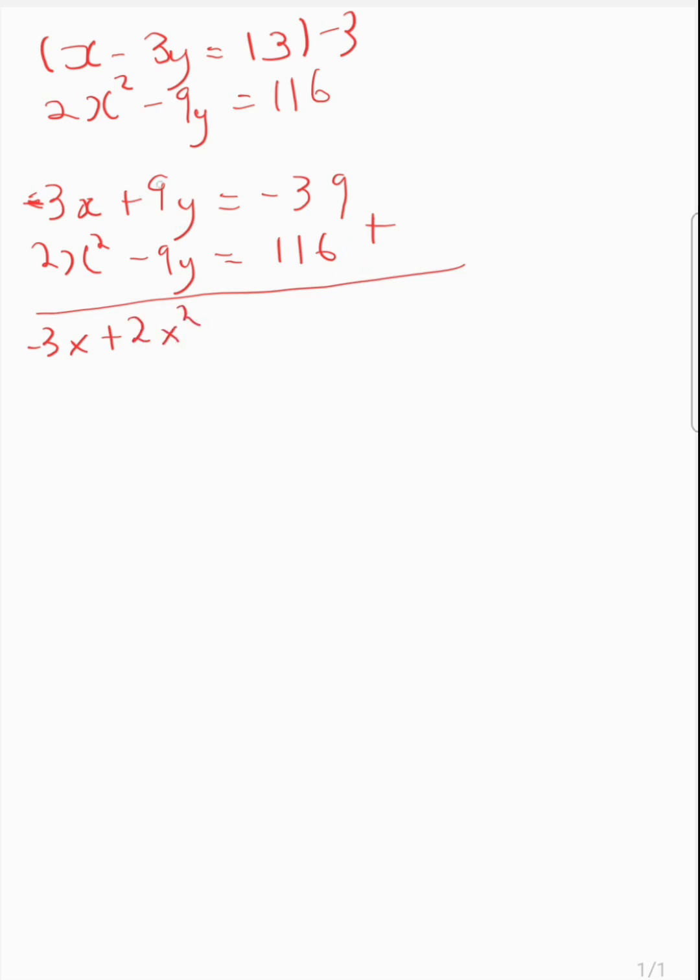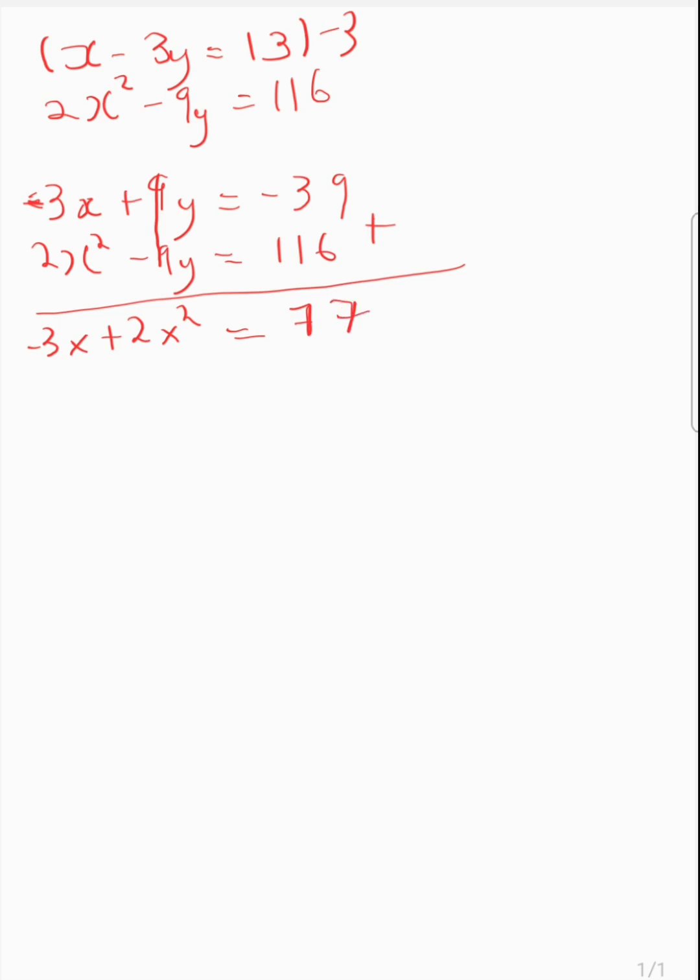Then 9y plus, minus 9y, these ones are going to cancel each other. We are simply going to have the equal sign. So on the other side we have minus 39 plus 116, which is the same as 116 minus 39. That gives us 77.